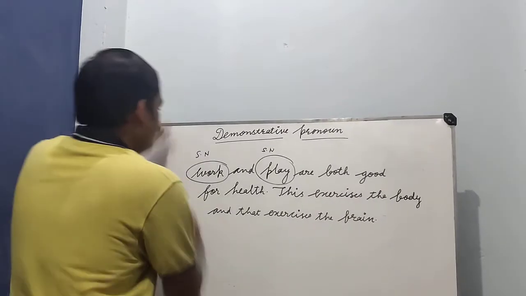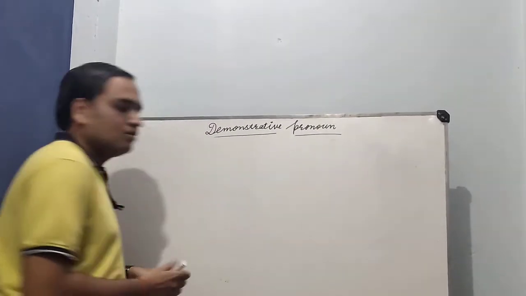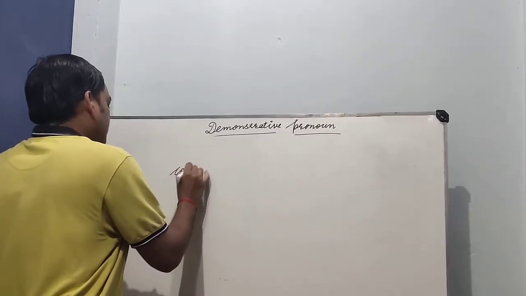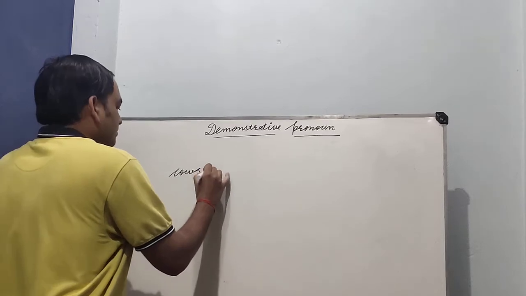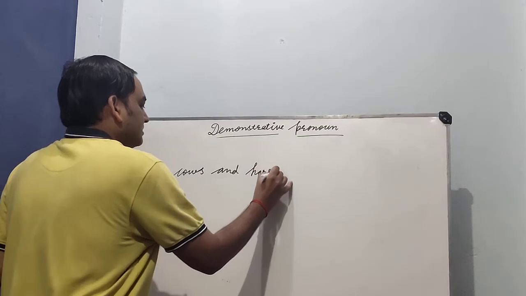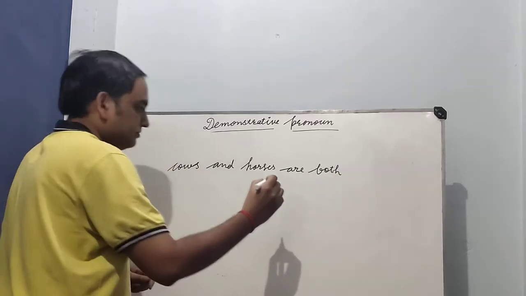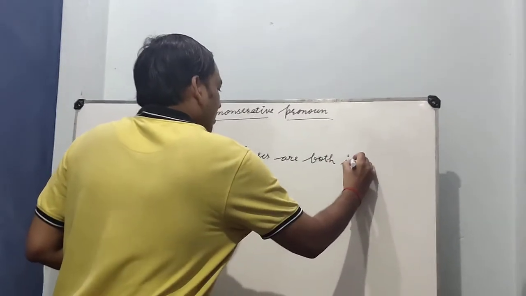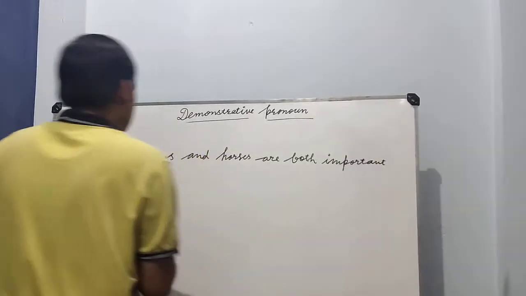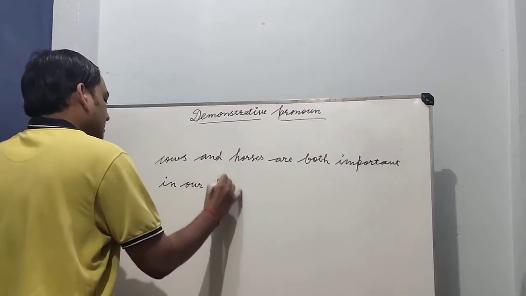Now we will learn how we can use these and those in sentences. I am writing another sentence here. Cows and horses are both important in our life.